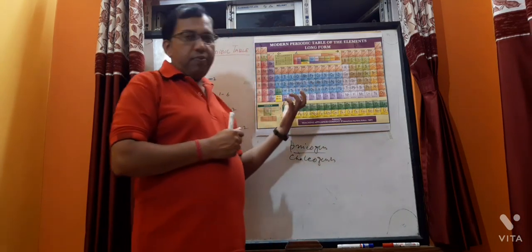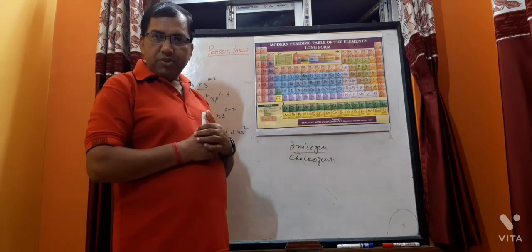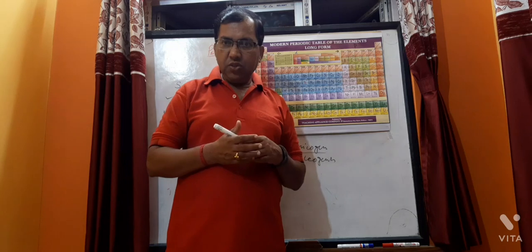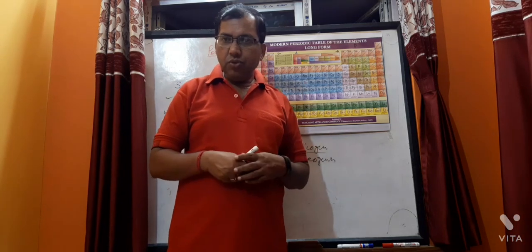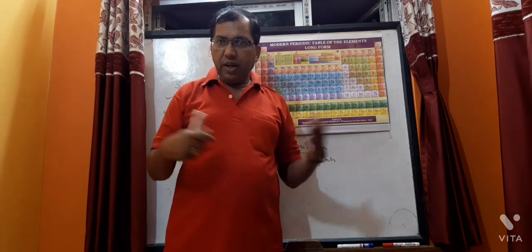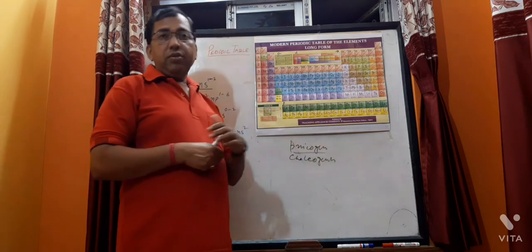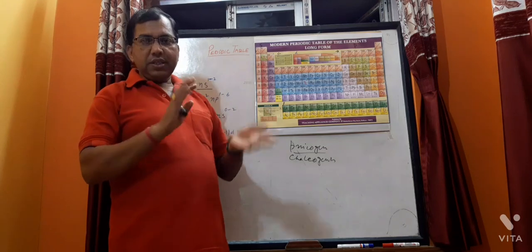You will see the electronic configuration. What you will see? 3d10 4s2, 4d10 5s2, 5d10 6s2. So not partially filled, not half filled, fully filled elements. So they do not show the behavior just like the transition elements.